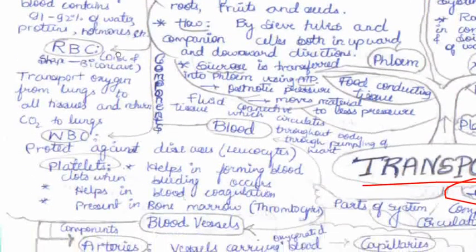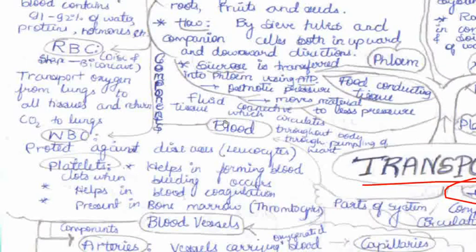So next part, that is RBC. Have you ever thought why blood is red in color? It is basically due to RBC, that is red blood corpuscles. How is the structure of red blood corpuscles?